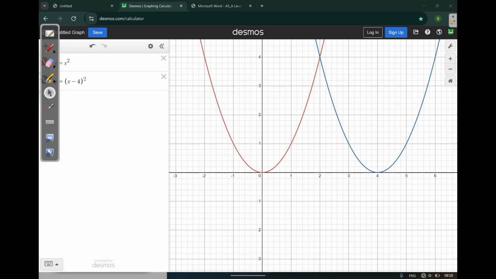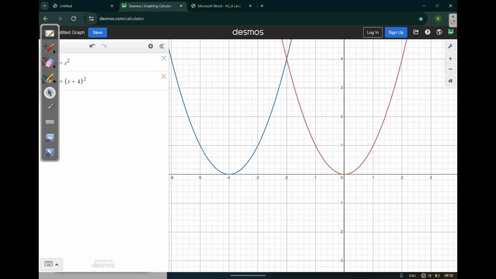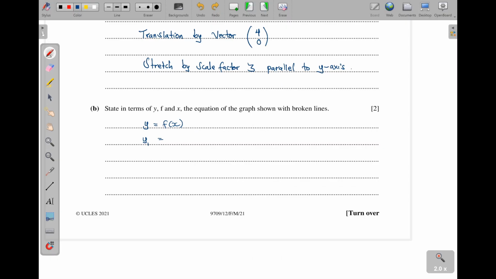If we put a plus here, do you see that it has moved to the left? So that means the translation here is going to be minus 4, 0. So when it is popping out, it comes into the translation vector as a negative. So when we come back to this one here, we are going to have f of x minus 4 after this translation.